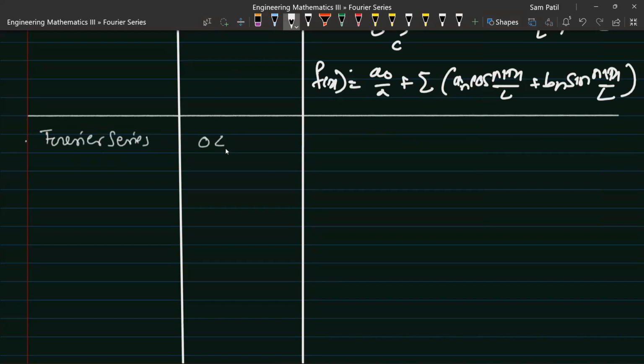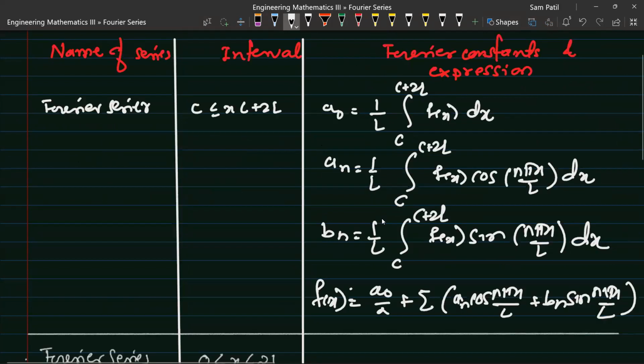Suppose the interval is 0 to 2L. What I have done here is taken C equal to 0. Whatever the previous formula was, instead of C put 0.